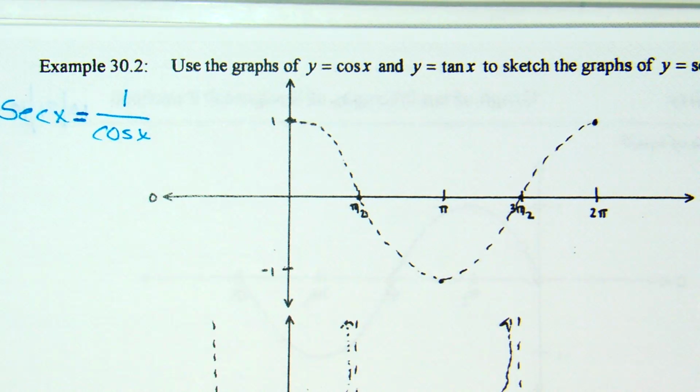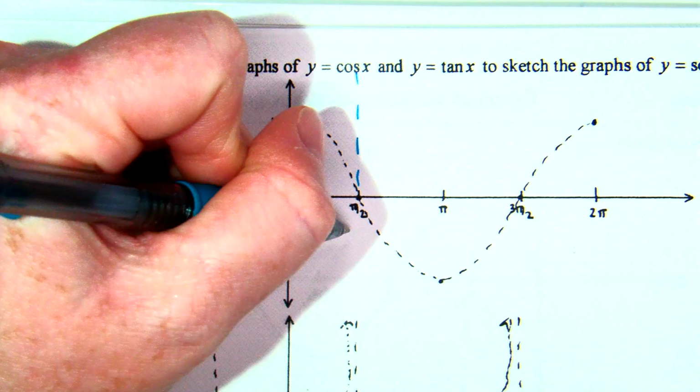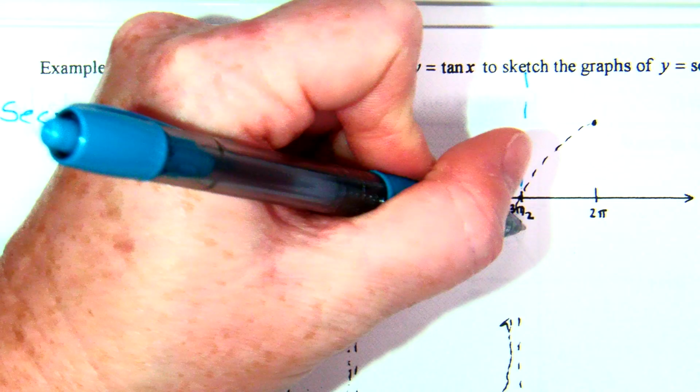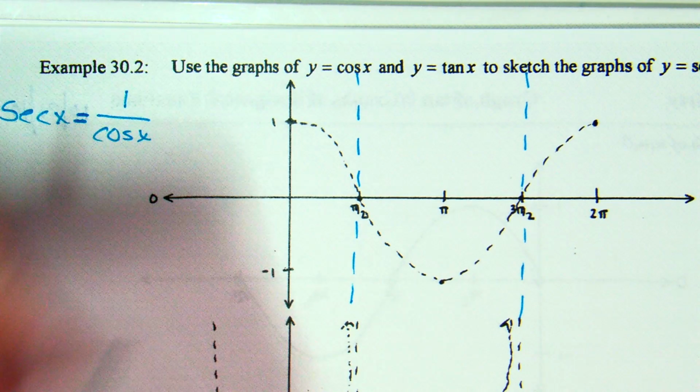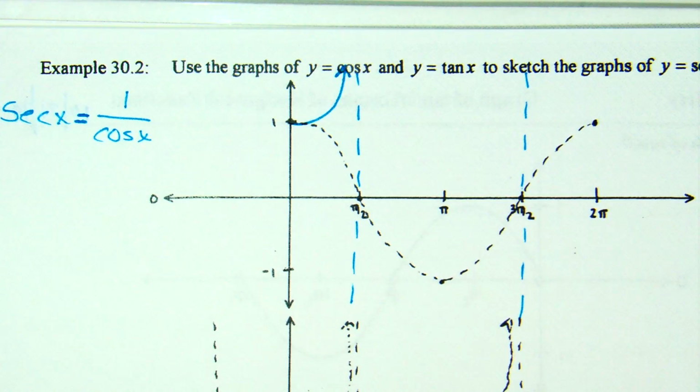So we have an asymptote at pi over 2 and 3 pi over 2. What happens between those asymptotes? Yeah. Parabolas flip, mins become maxes, maxes become mins.